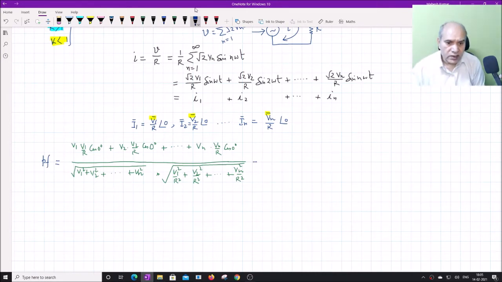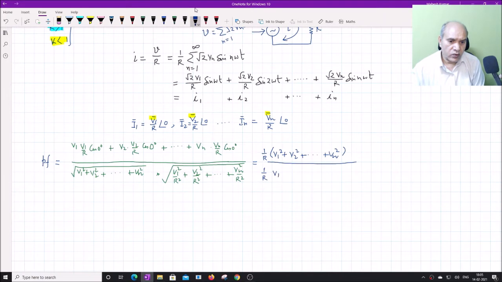Now obviously this is equal to 1/r is common, (b1 square plus b2 square until bn square) in a bracket, and this is equal to 1/r is common here also, so 1/r is common.